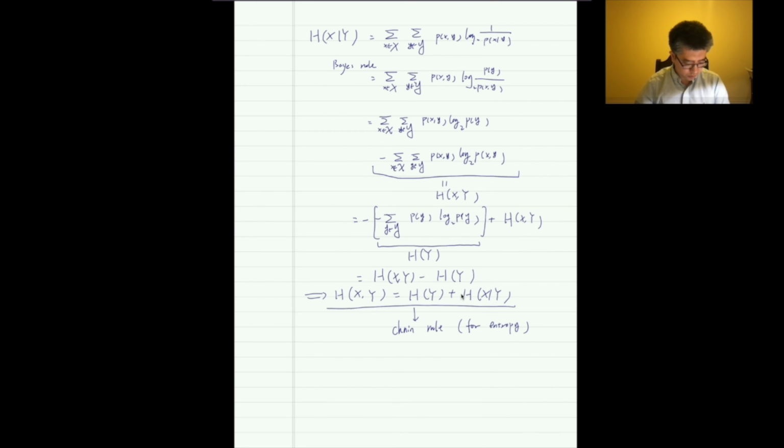Okay, so now we only consider two random variables, but we can generalize it. It's very easy to generalize. We're going to introduce more notation that we're going to use all the time. We let X^n, where X is a random variable and n is a superscript, denote a random vector with X1, X2, and so on until Xn.